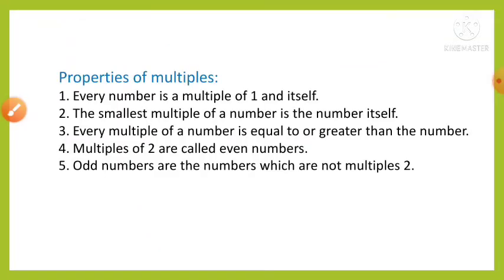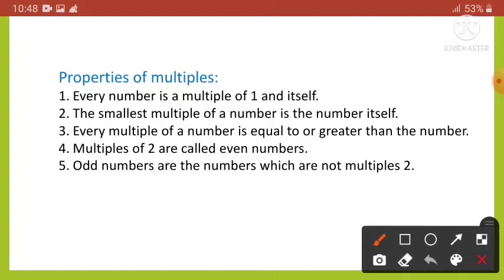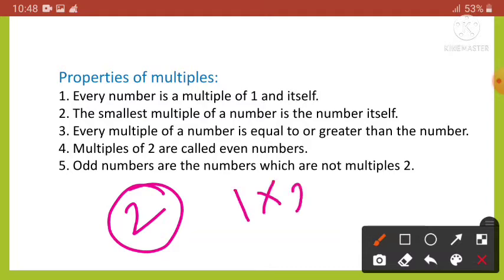So what are the properties of multiples here? Every number is a multiple of 1 and itself. If you take any number, suppose 2, this number is a multiple of 1. If we multiply 1 into 2, it will give us 2.